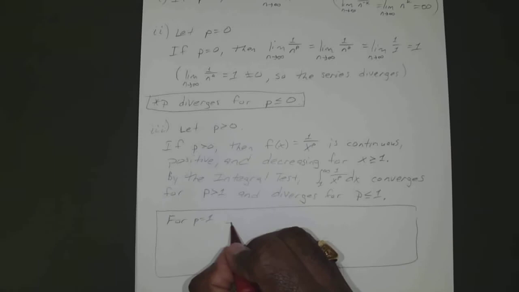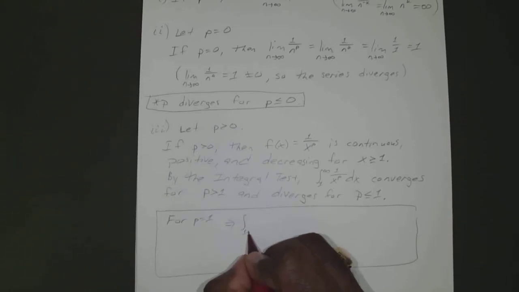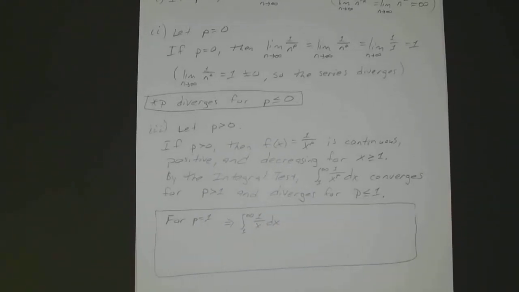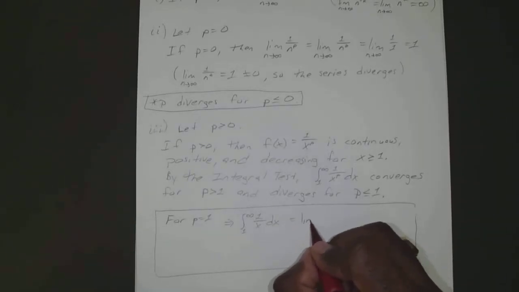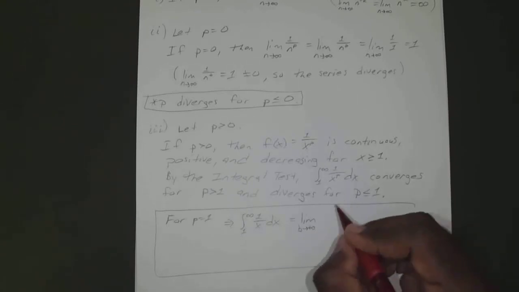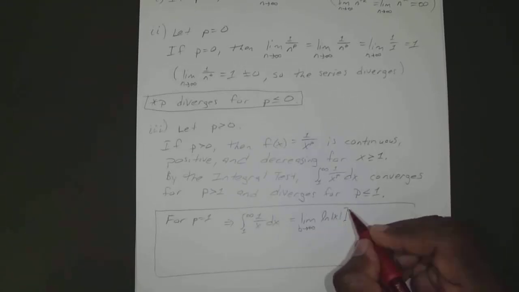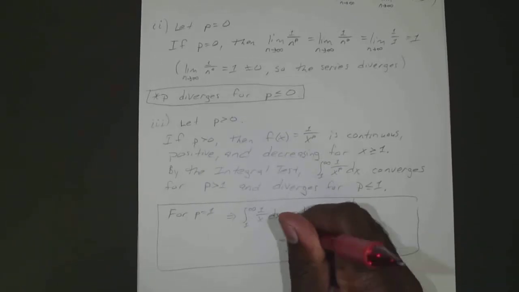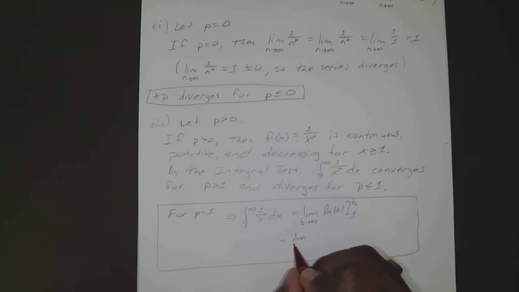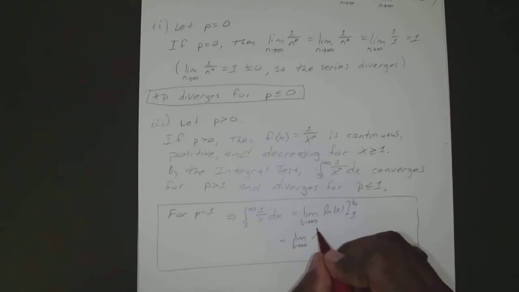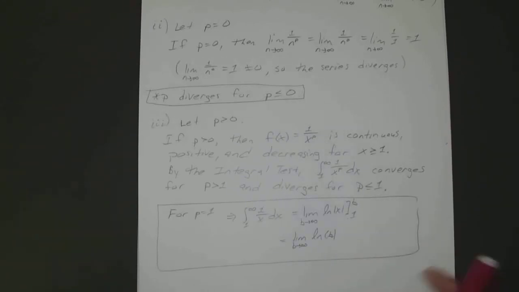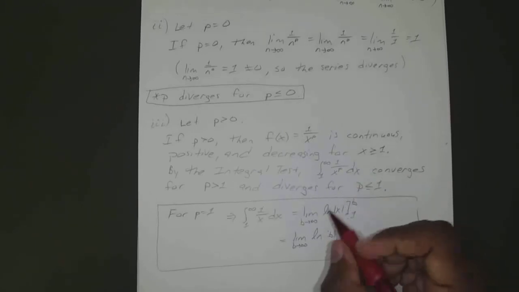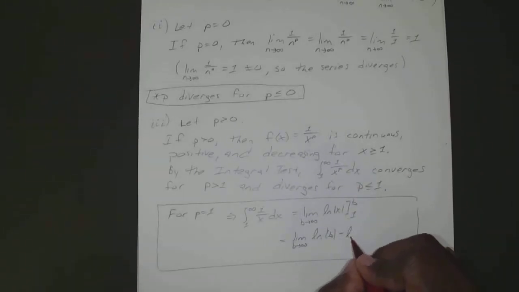For p equal to 1, you actually end up with the integral from 1 to infinity of 1 over x with respect to x, which is equal to the limit as b approaches infinity of natural log of x from 1 to b, which is equal to the limit as b approaches infinity of natural log of b, I could put absolute value, but it's approaching infinity so we don't need it, minus natural log of 1.